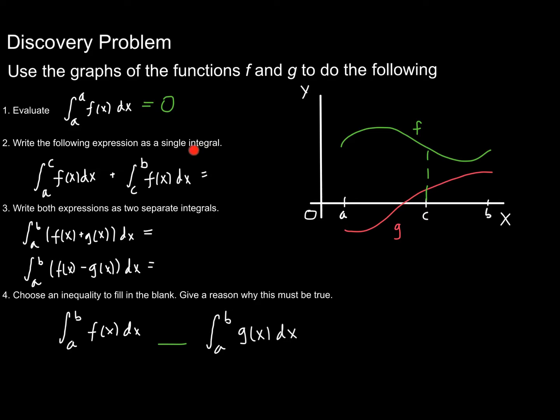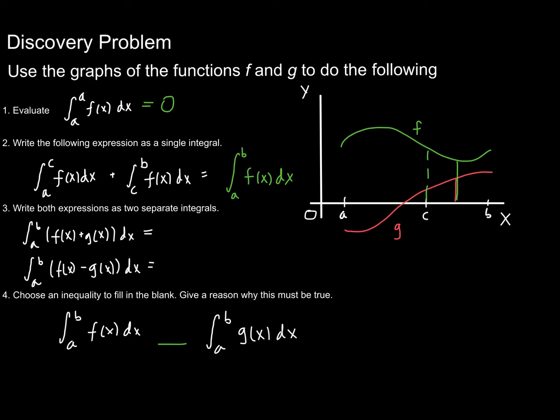If we want to write this as a single integral, all we have to do is allow our interval of integration to encompass this whole interval, and therefore it'll be from a to b. What we want to take away from this situation is that if we have two integrals which are connected, in other words, the upper limit of integration in this integral is the lower limit of integration over here, then we can rewrite it as one integral that encompasses that entire interval.